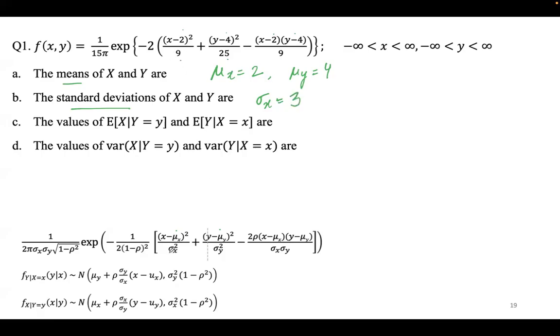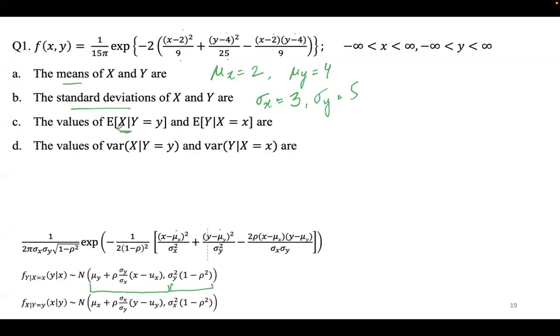Because this is variance, that's sigma square, so when you want to find sigma, it's 3. And then sigma of y is 5. Then when you want to find the expectation of the conditional probability, it's this term that you want to find, and this term here becomes your variance.